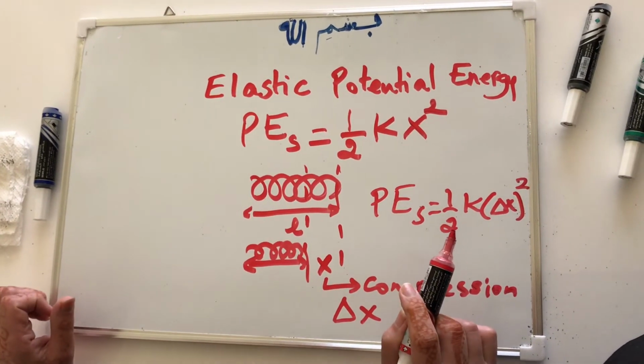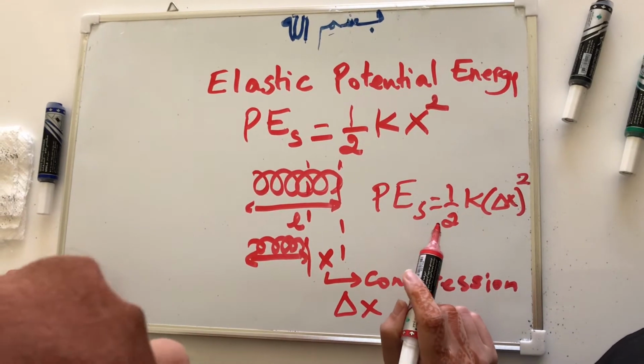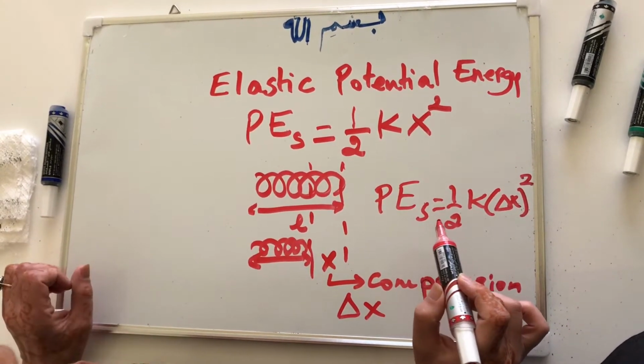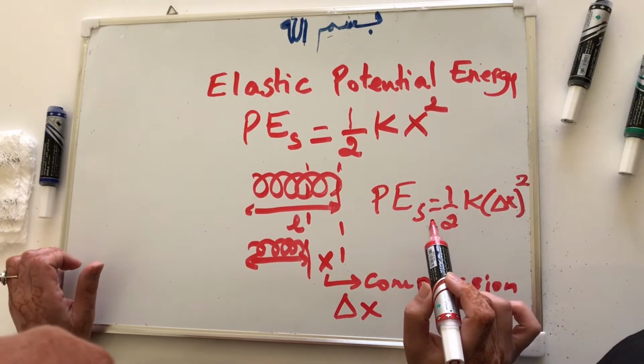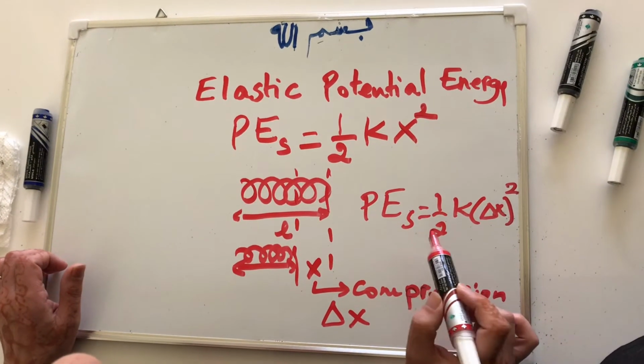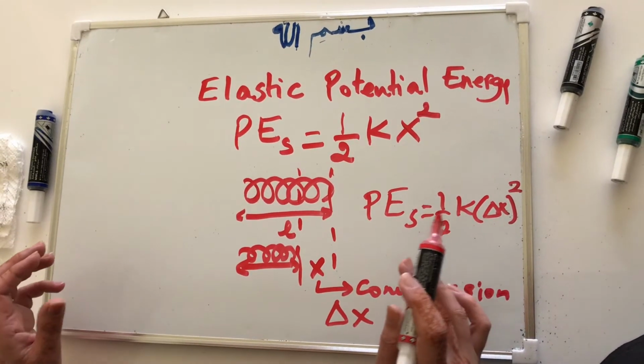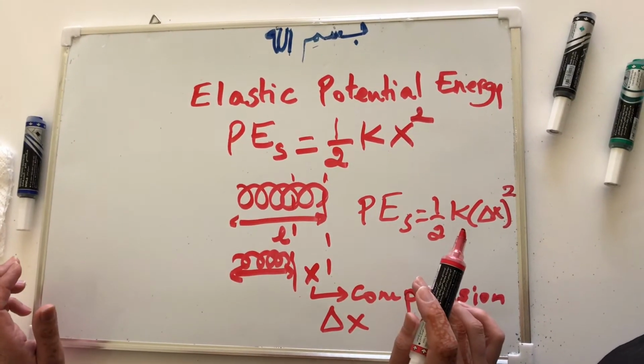where delta x is the compression or the stretch in the spring. Guys, the delta x or the x needs to be expressed again in meters, in the SI unit. So if you have it in centimeters, you need to divide by 100. This way you convert it from centimeter to meter.